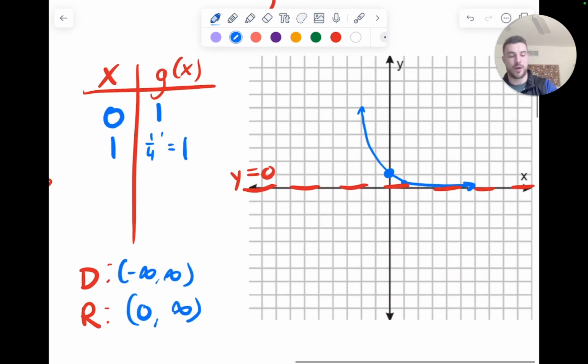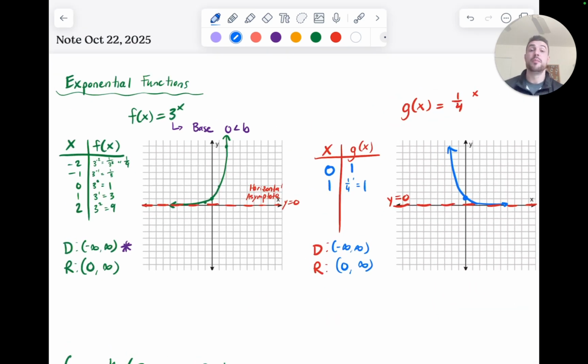Not only did I graph them a little bit different, but as we can see, one of them seems to go up from left to right, and the other seems to go down. That's because the one on the left is exponential growth, and the one on the right is exponential decay.